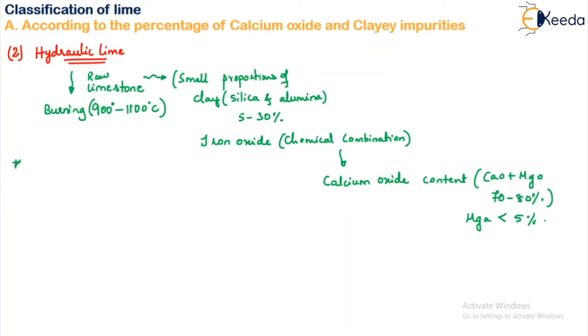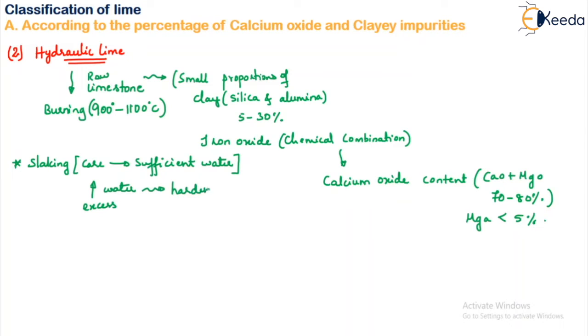Now, whenever you are doing the slaking of this hydraulic lime, you should be very careful, and make sure that sufficient water is provided for the slaking of this lime. Because if you use excess water in this particular lime, there are chances that this type of lime will get very hard soon.